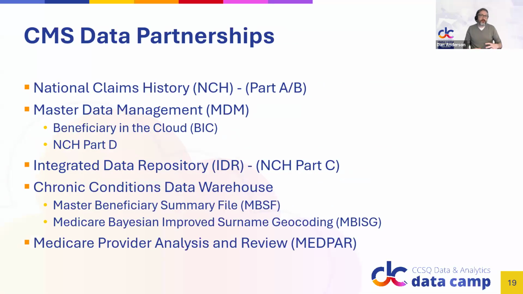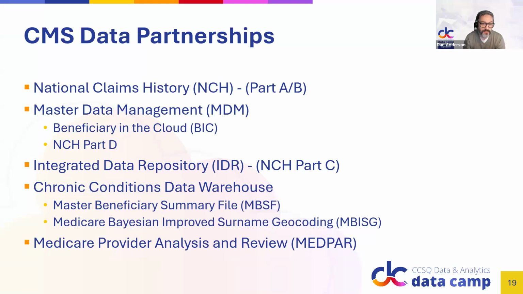Moving on, we have data partnerships. So, the NCH data, that's not CCSQ specific, but it needs to be used frequently. So we have Part A and B. We use the master data management system for pulling in beneficiary in the cloud, and Part D data.